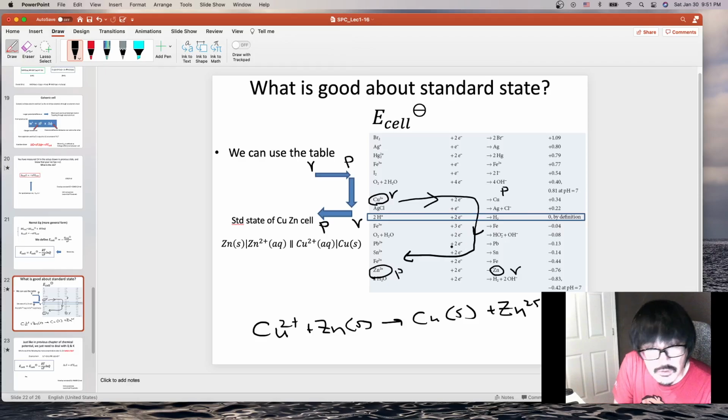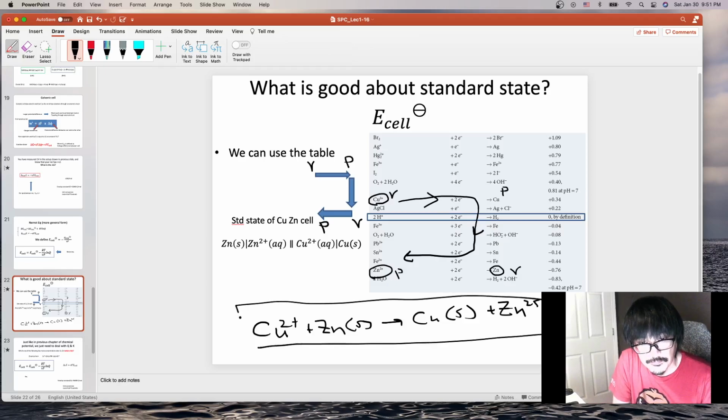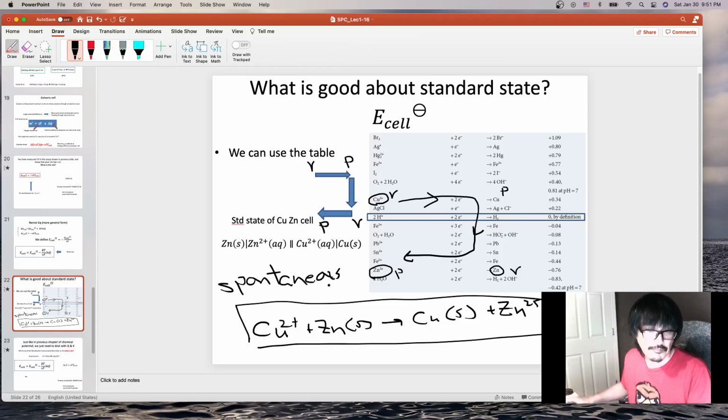If your hand moves in a clockwise motion, then this reaction is actually spontaneous. That's what it means. And if your hand moves counterclockwise, it's not spontaneous.